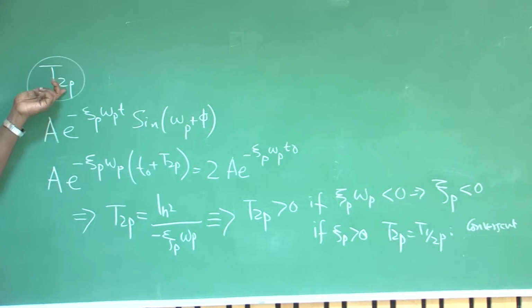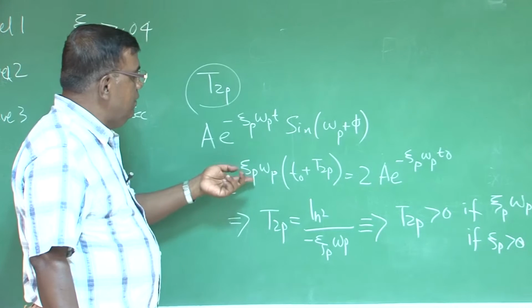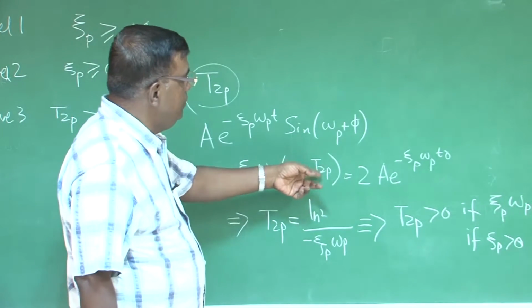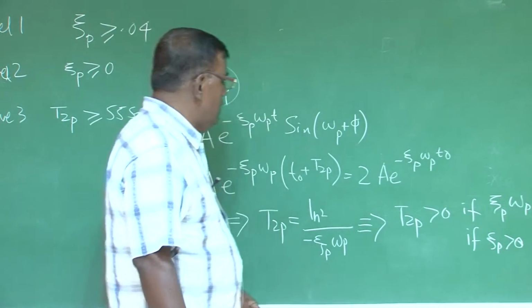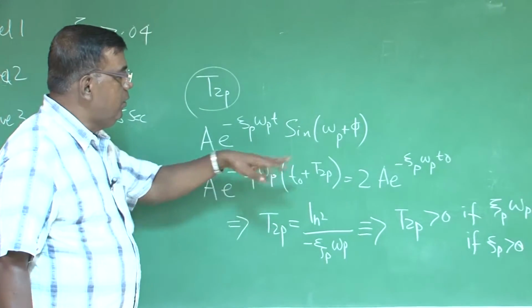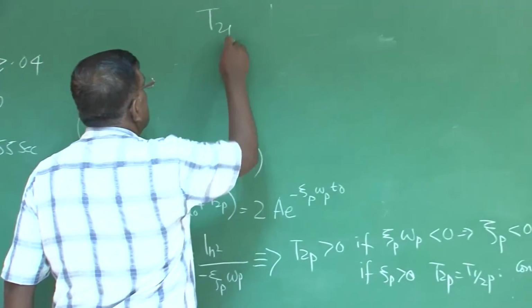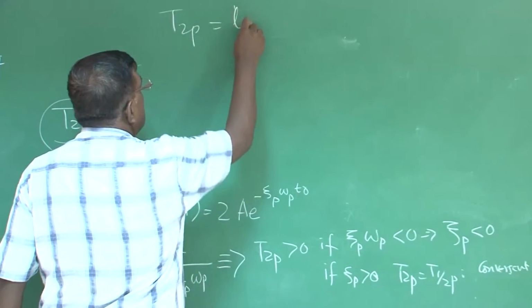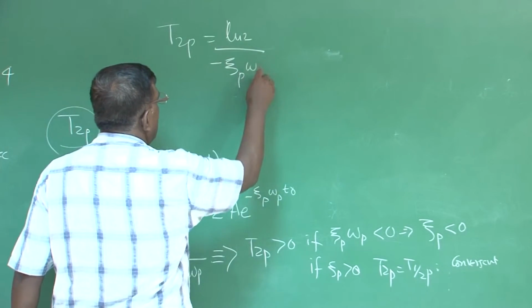And if I want to look for time to double, then I can easily write A e to the power zeta p omega p into t naught plus T2p is equal to twice A e to the power zeta p omega p into t naught. And when I equate this, I find the expression T2p is ln2 by minus zeta phugoid omega phugoid.